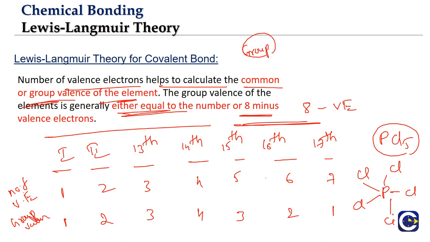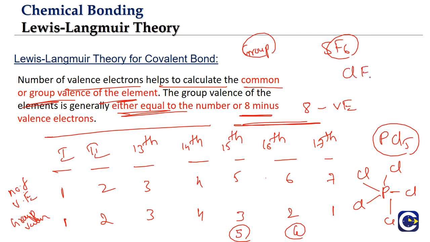So if we talk about the valency of phosphorus, it is forming 5 bonds, so we take the valency as 5. For the 16th group, in SF6, sulfur is forming 6 bonds, one with each fluorine. So the valency of sulfur there is 6.